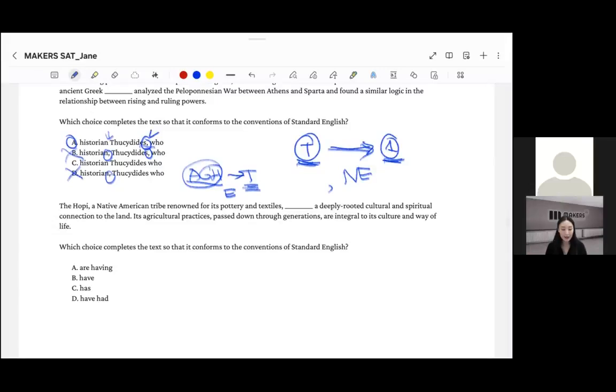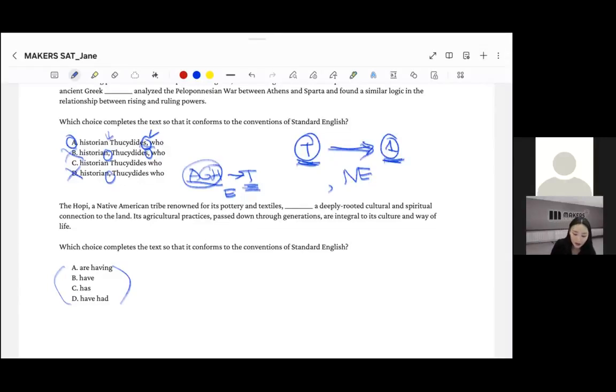The Hopi, a Native American tribe renowned for its pottery and textiles, blank a deeply rooted cultural and spiritual connection to the land. So this is a subject-verb agreement question. How do we know that? Because all the answer choices are about the verb. To determine the correct verb, you must identify the subject and its number, whether that subject is singular or plural.